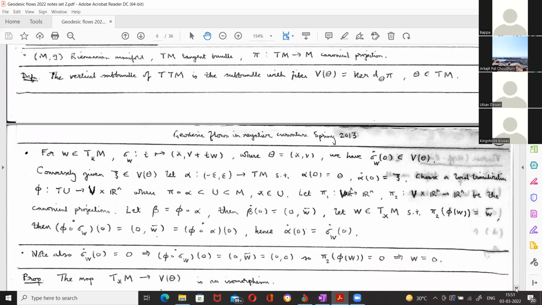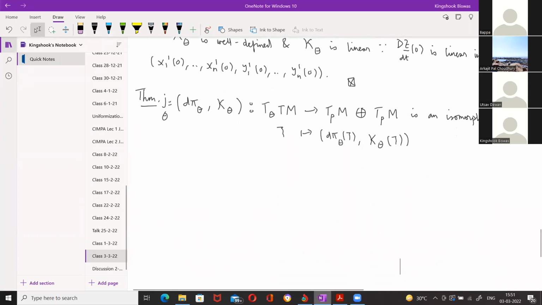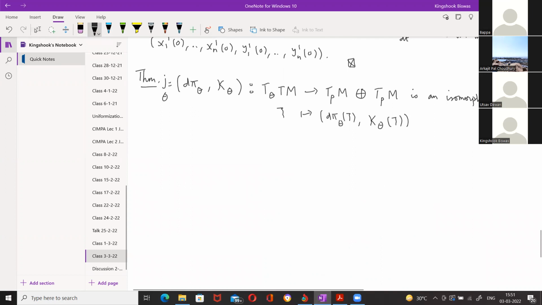So what's the picture? V theta is defined to be the kernel of d pi theta from T theta TM to TpM.